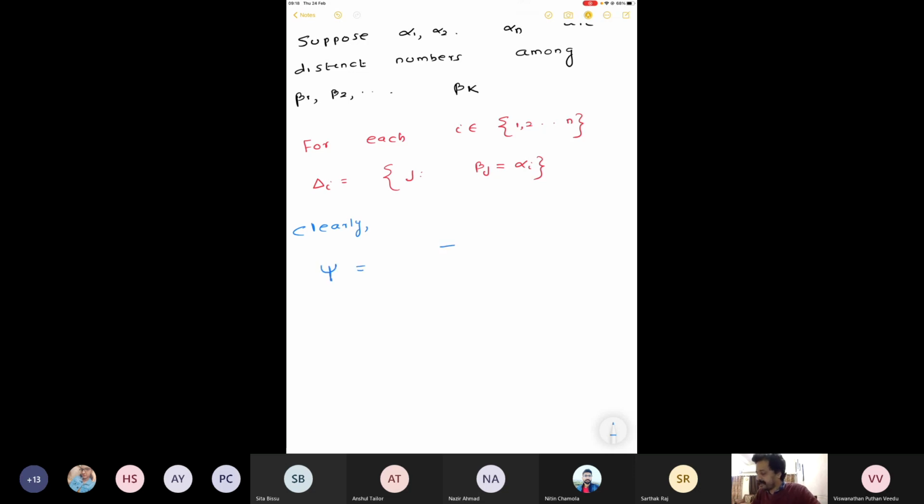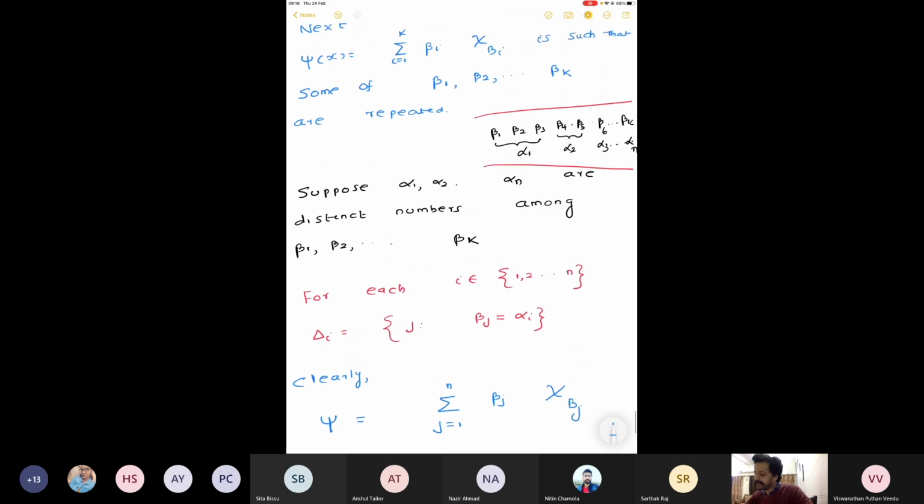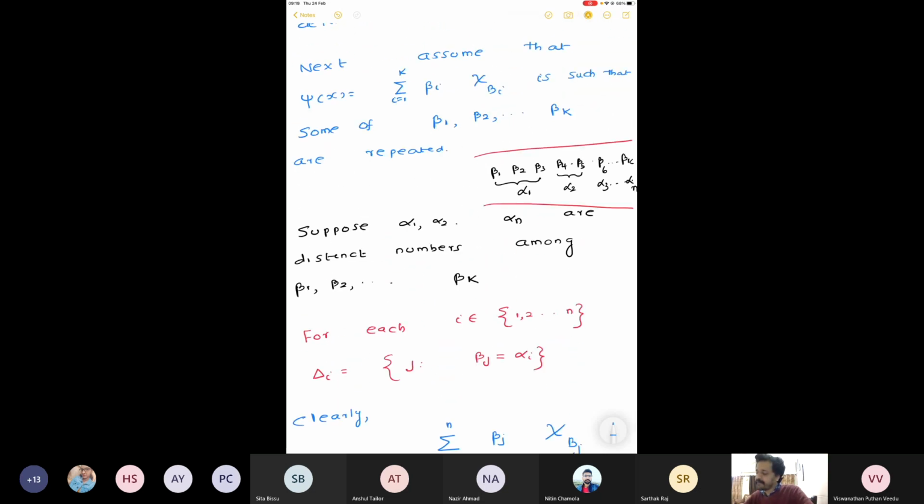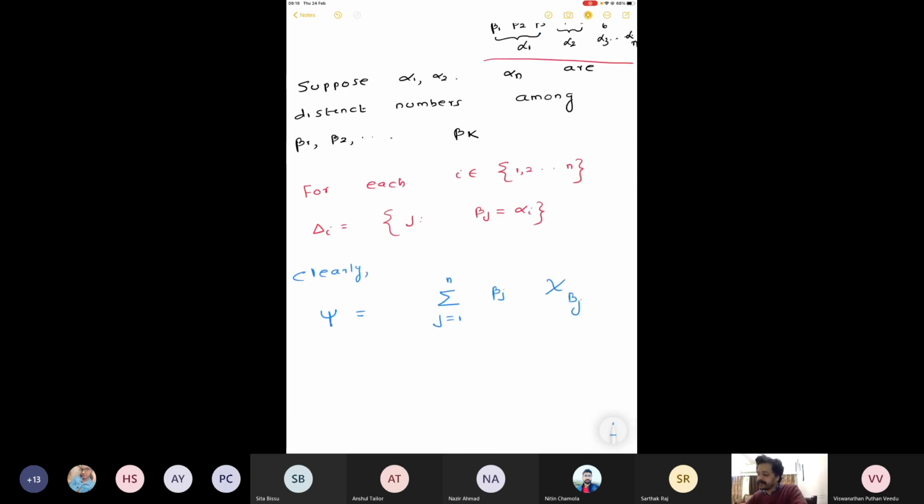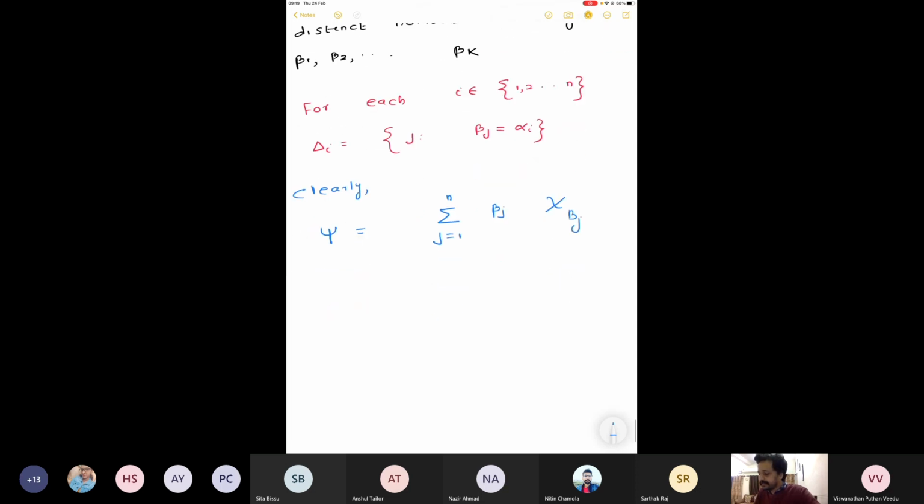Psi is given to be summation j is equal to 1 to k beta j chi bj. That is the given expression for psi. But you know that in this example, for instance, beta 1, beta 2, beta 3 are all alpha 1. So 3 terms of this summation will have the same coefficient alpha 1, and you will have chi b1, chi b2, chi b3. So this I can group as summation i is equal to 1 to n, summation j belonging to delta i, beta j chi bj.